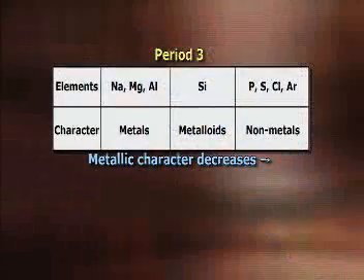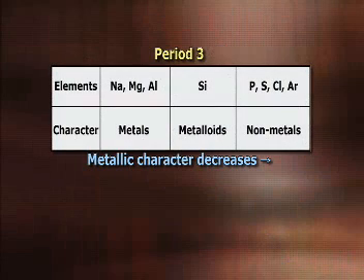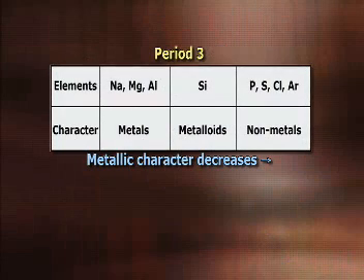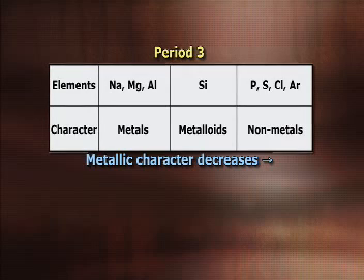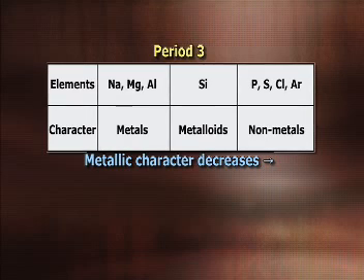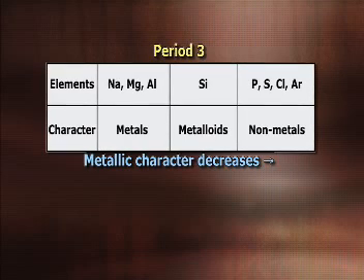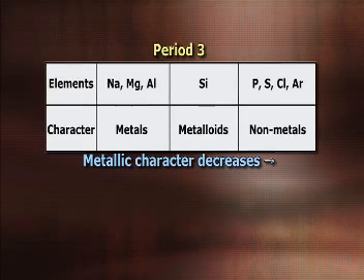Let us look at an example. This table shows the period 3 elements. They are all grouped either as metals, metalloids, or nonmetals. Sodium has the most metallic character of any element in this period. The metallic character decreases through the other metals, magnesium and aluminium.